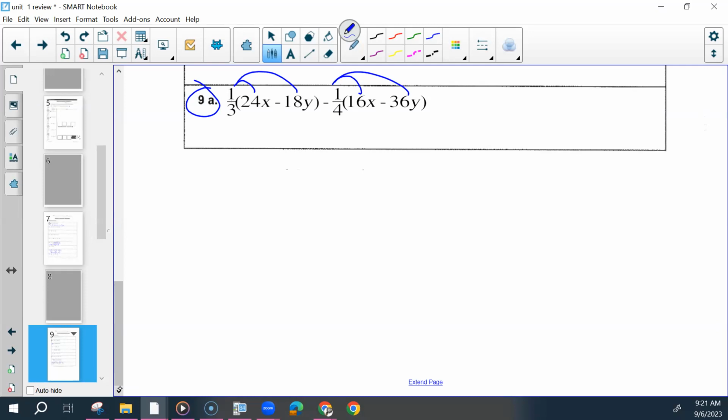And then tell me what those new terms would be. 8x minus 6y minus 4x plus 9y. So we'll check that one.